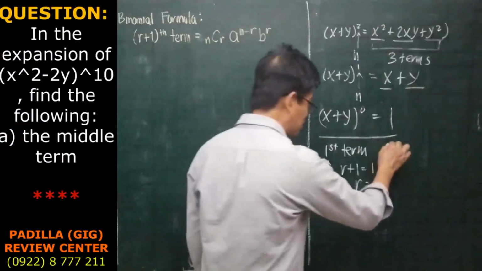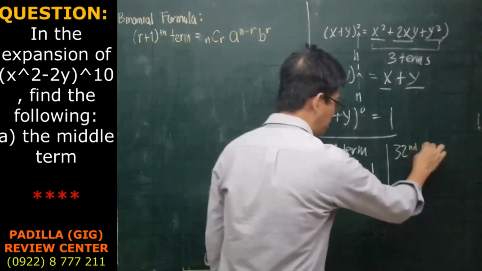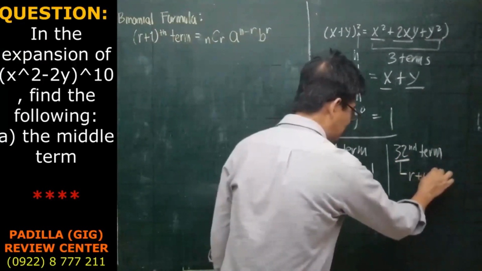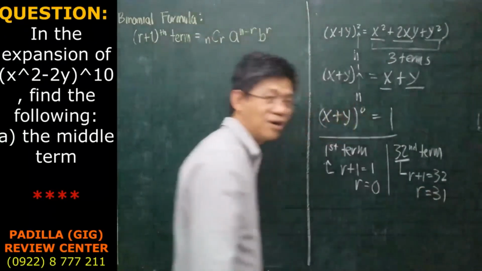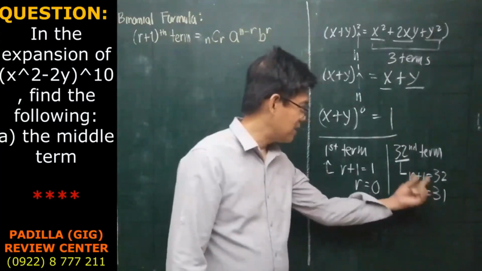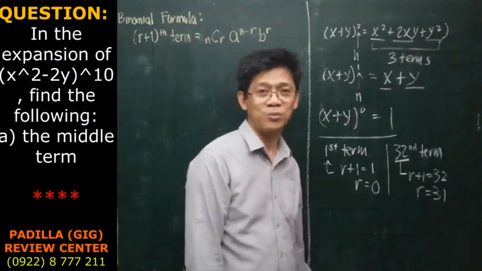If we're asked here to find the 32nd term, this 32 is your r plus 1. So, therefore, r is 31. Kuha? So, r is 1 lower than the order of term.